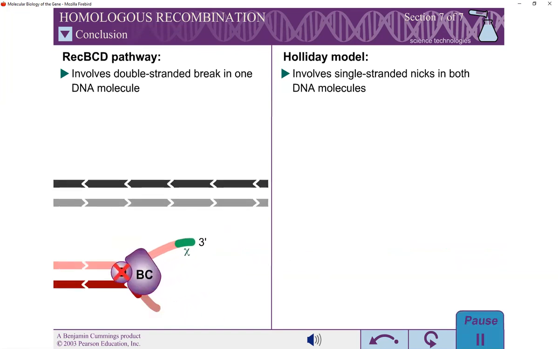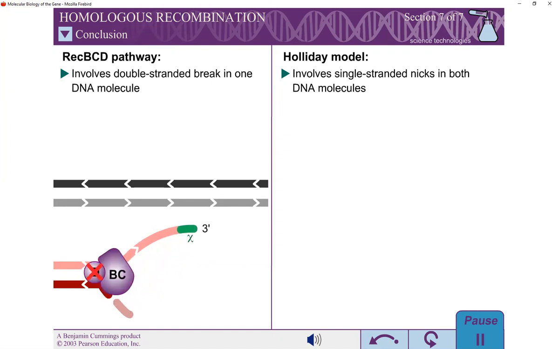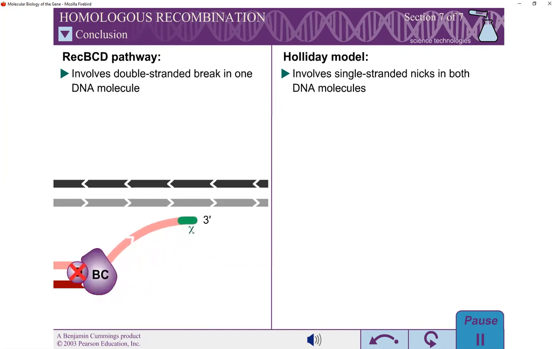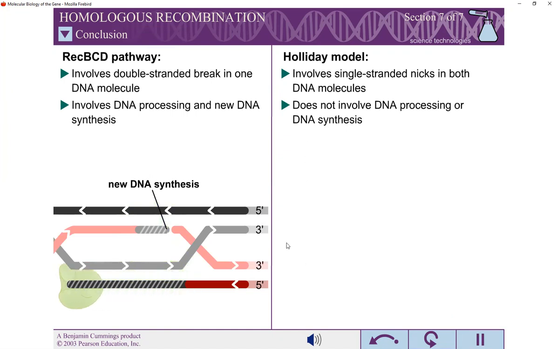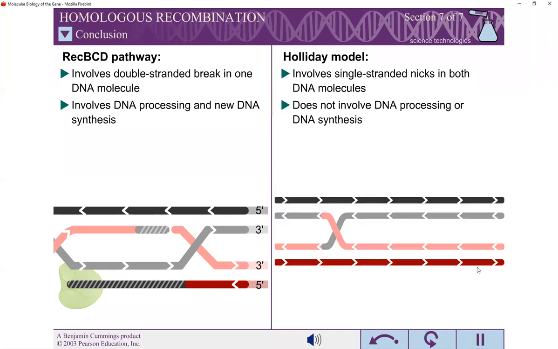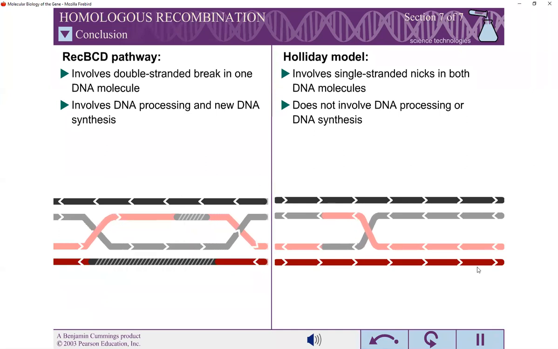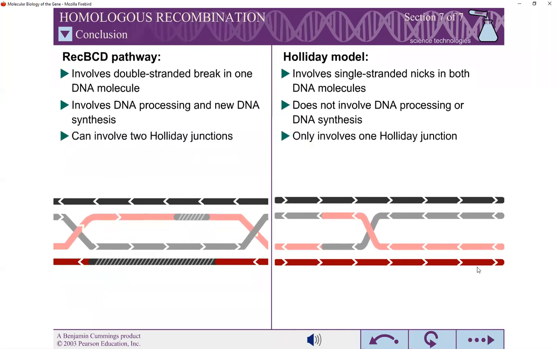Second, the double-strand break repair model involves processing of the DNA to generate a 3' tail and synthesis of new DNA, features lacking in the Holliday model. Next. Third, the double-strand break repair model can involve two Holliday junctions rather than just one.